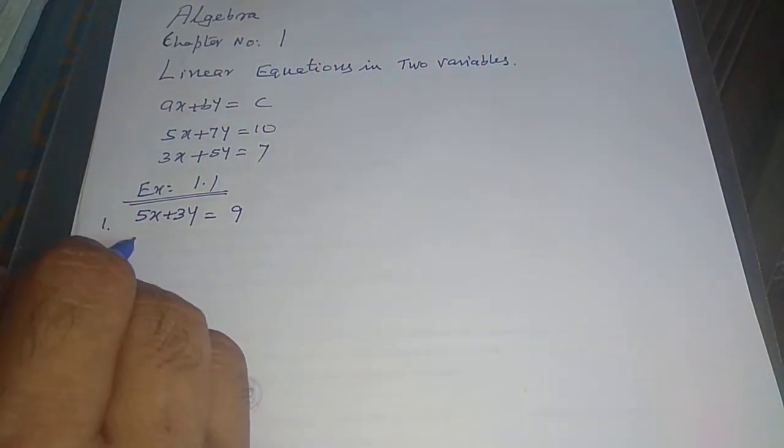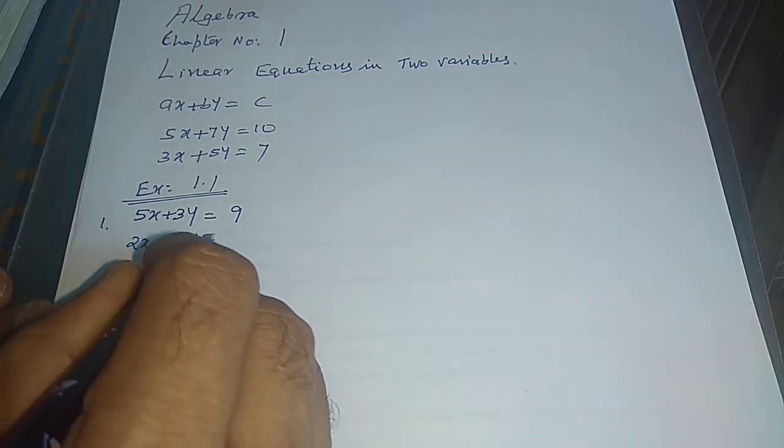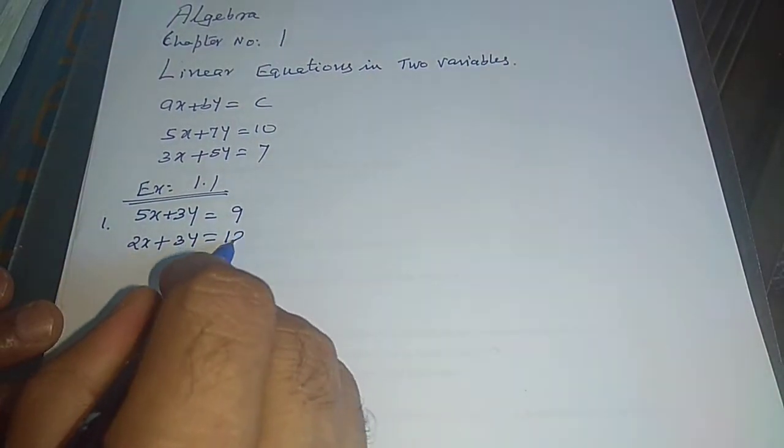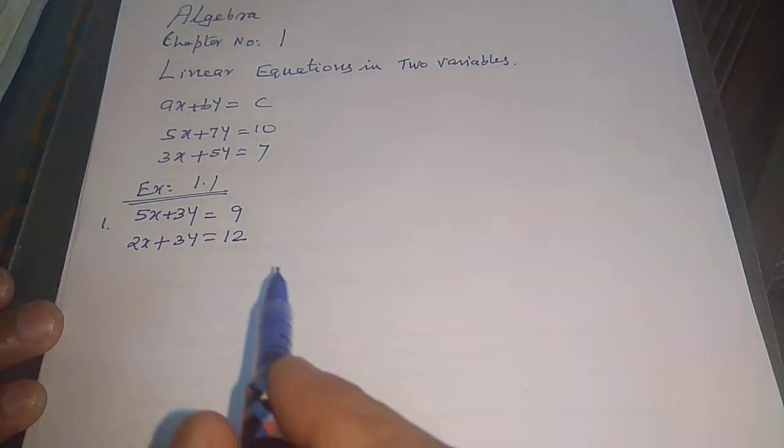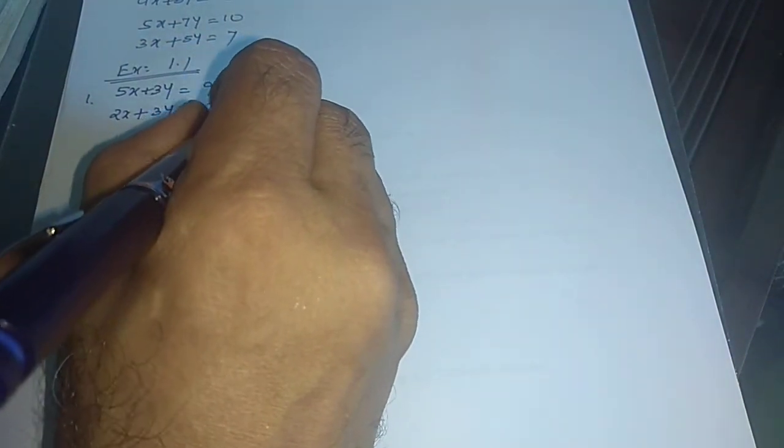Second one, 2x plus 3y equal to 12. The first one we consider equation 1, and this is equation 2.